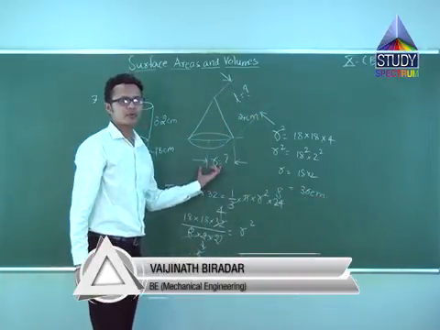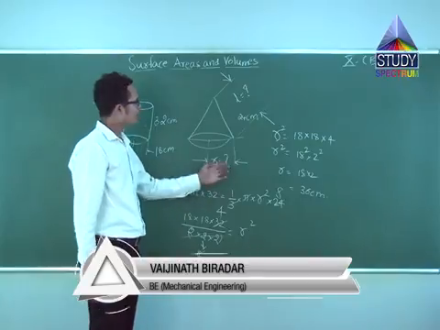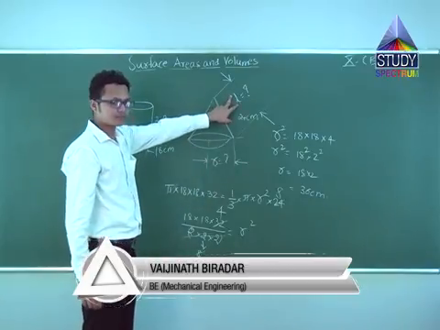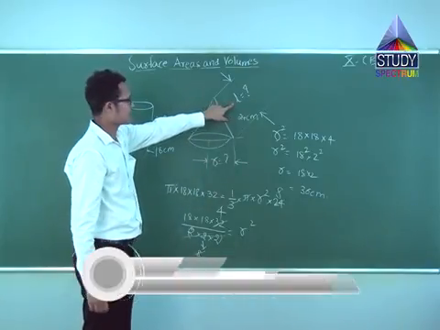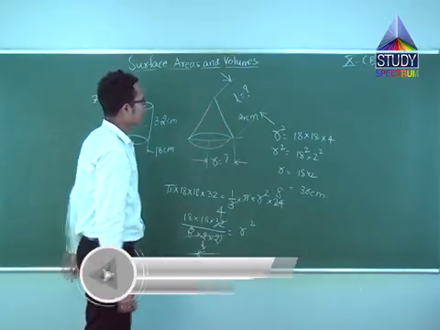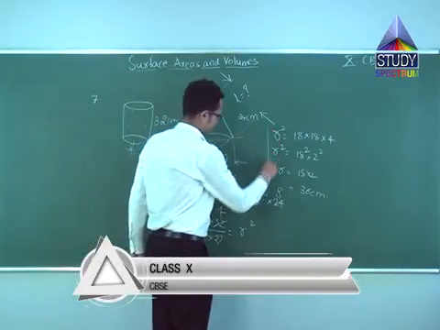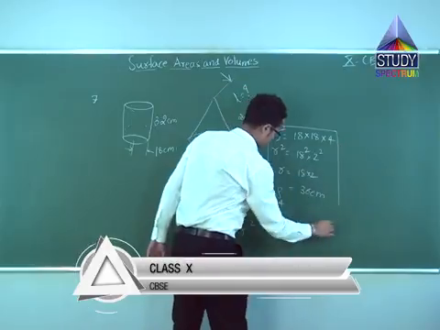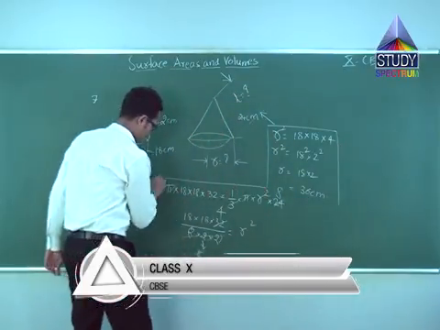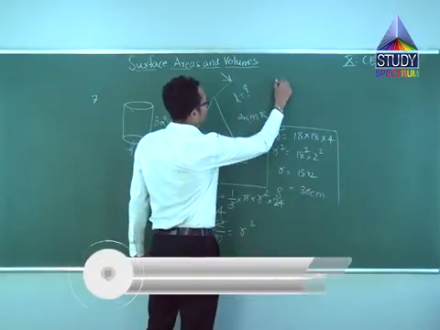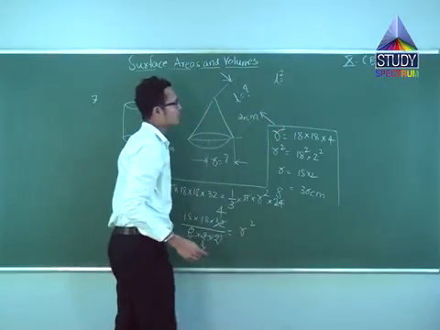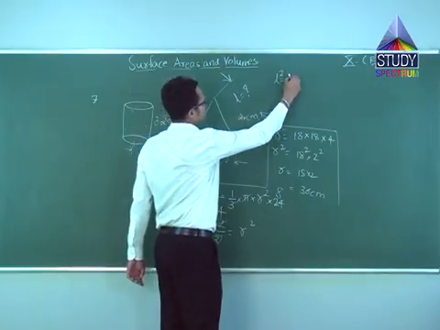Now just half the problem is solved. You also have to find L, which is the slant height of the cone. Slant height is given by L square is equal to r square plus h square.